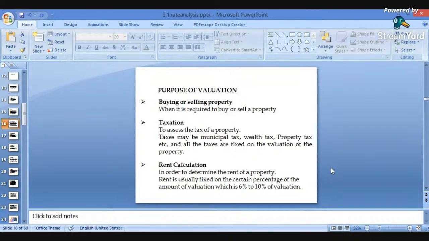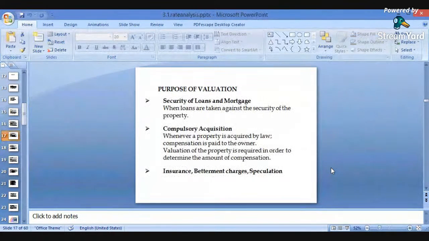So how much will be fixed for rent? Out of the total amount, we will consider about 6 to 10% as the valuation for the rent fixation.